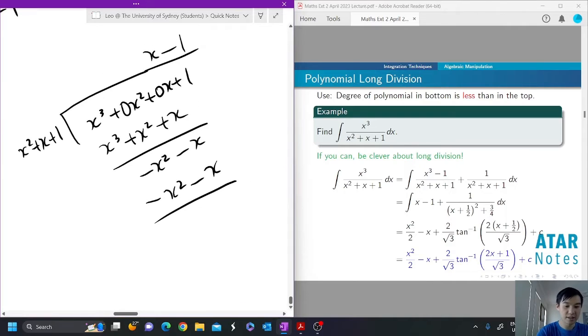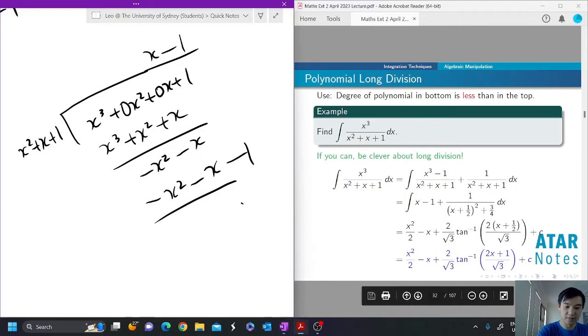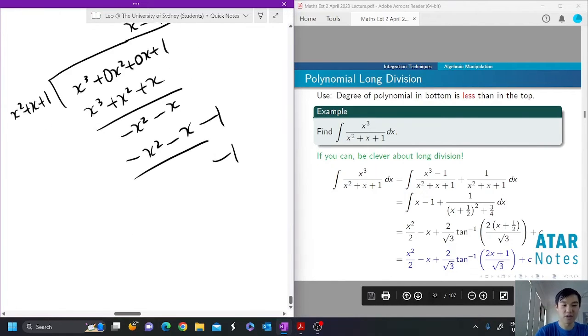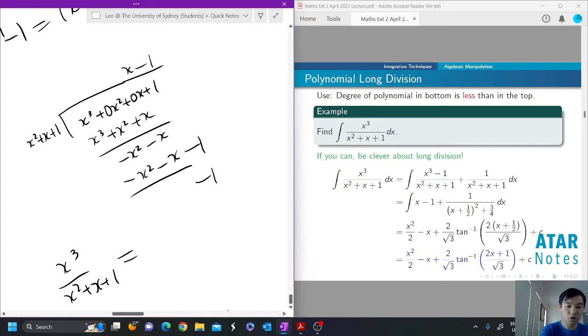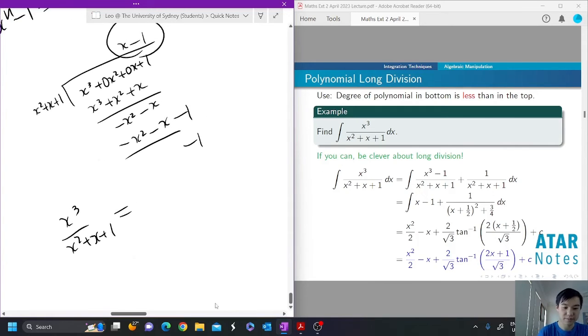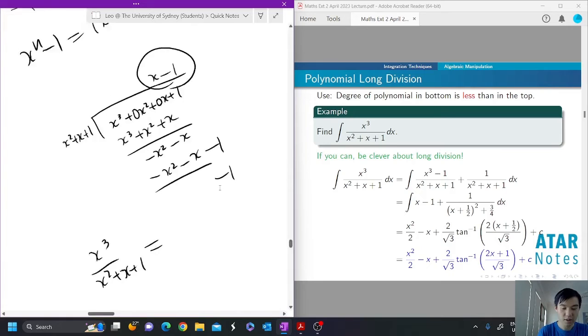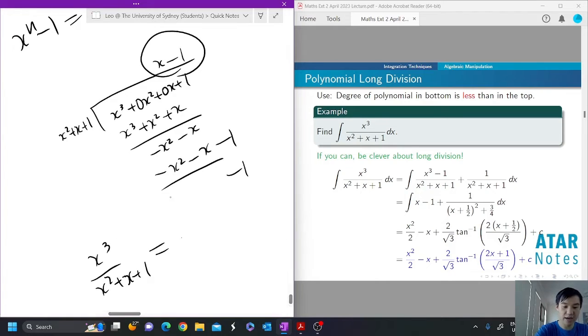So this will be minus x squared minus x minus 1, so this will be minus 1. So this would mean that x cubed over x squared plus x plus 1 is going to be, remember, we got the quotient, so x minus 1.